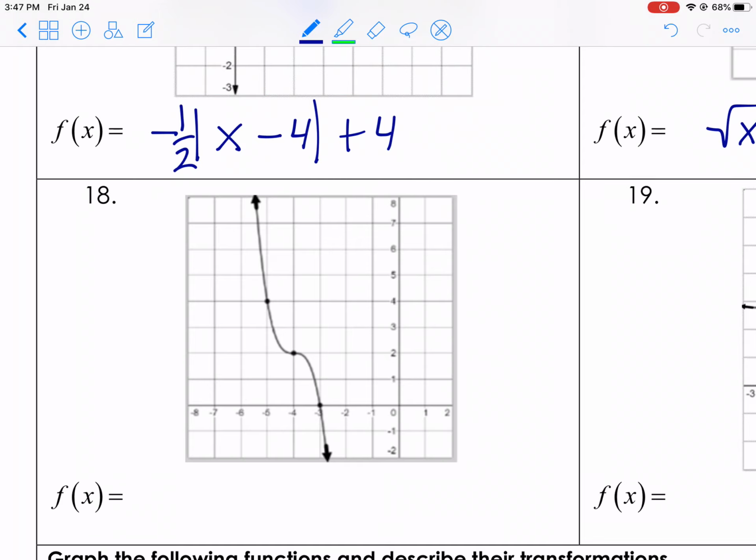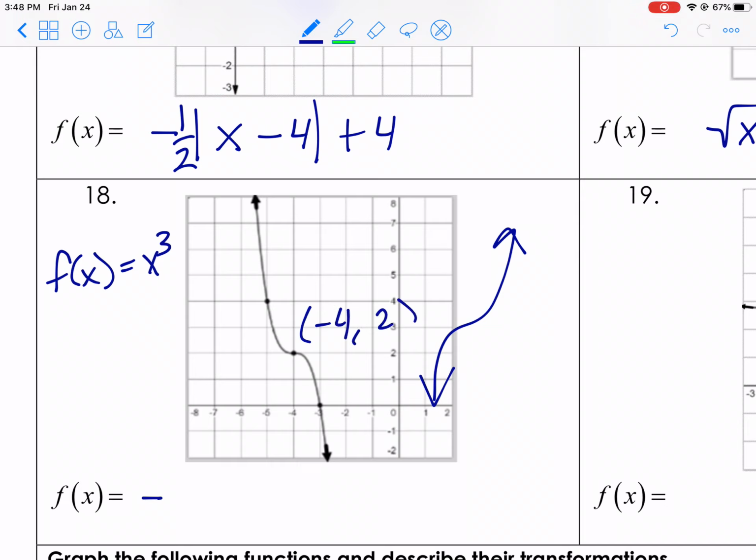Okay, 18. This looks like the cubic function, but it's headed in the opposite direction. The cubic function usually goes the other way. This has been switched around, so we're going to say negative with this, right? Its middle spot is right there, and that's at -4, 2. So we've got to tell it to go left 4 and up 2.